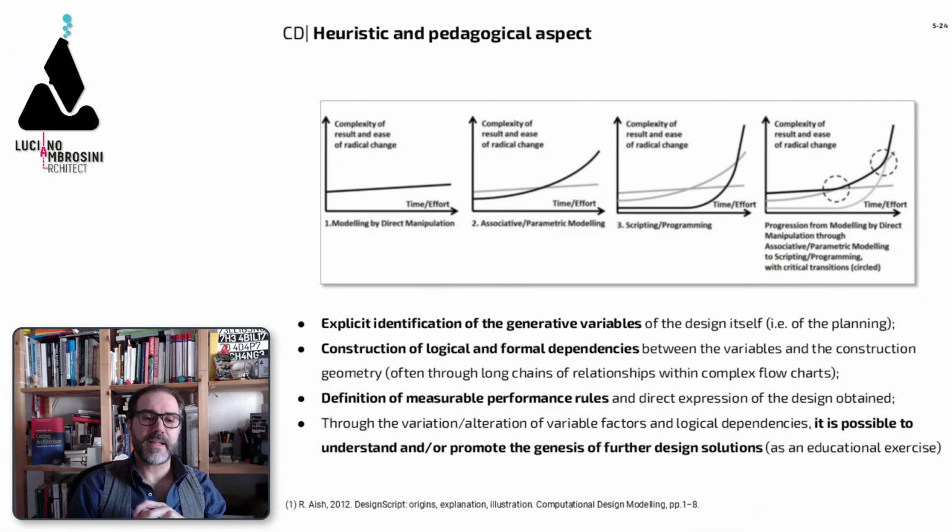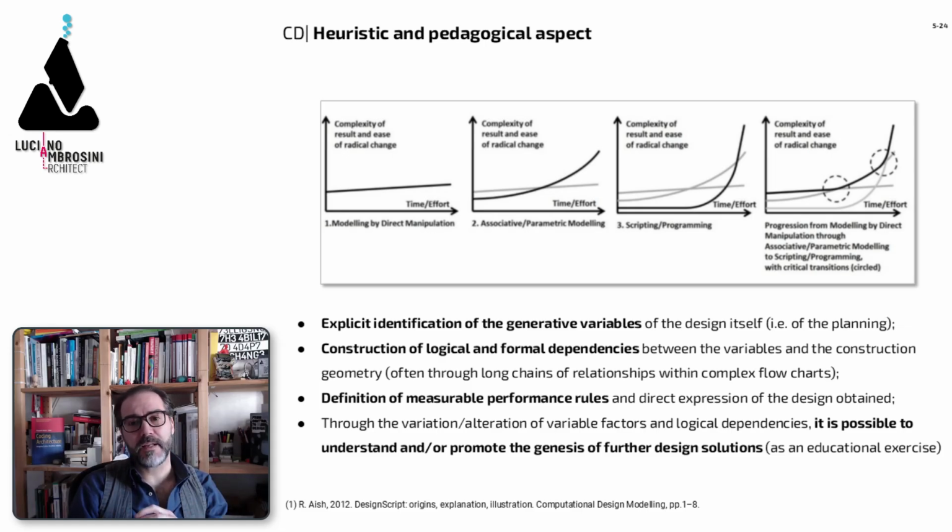At the bottom of this slide, we have a good recap of all the Aish studies, especially regarding this fourth graph. And through these four points, it's relatively easy to define the core aspects of computational design. For instance, we have an explicit identification of variables contained in our workflow.